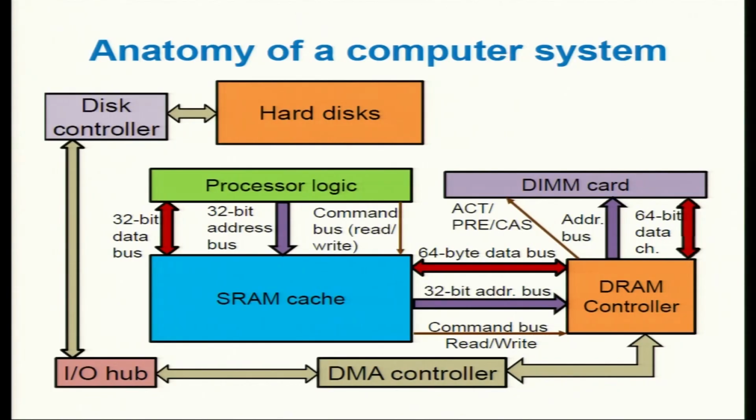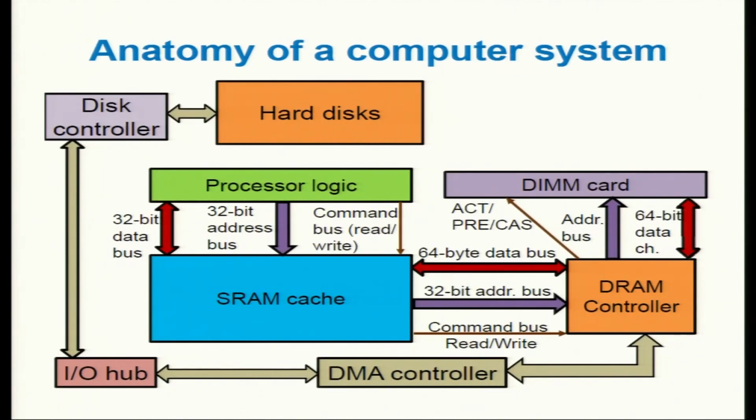That's more like an I/O controller, which will decode which I/O device you're talking to and so on. I show the disk only here. It will connect to many other things like your DVD reader-writer, keyboards, and all these things. So hard disk controller, I/O hub, and then there is something called the DMA controller, which we'll talk about a little bit, which helps the CPU transfer data from I/O devices to main memory. It stands for direct memory access. So we'll talk about that a bit.